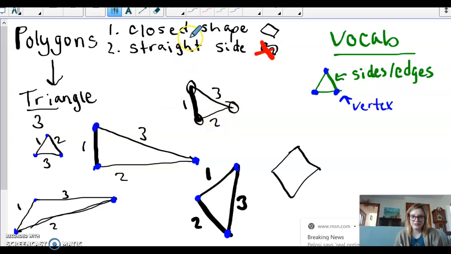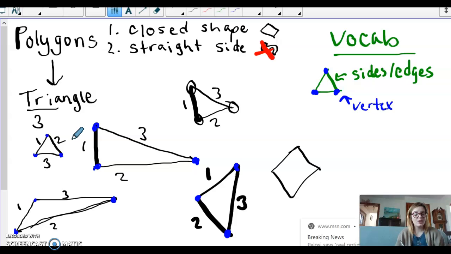So that's why it has to follow these 2 rules. It has to be a closed shape and it has to have straight sides. And our next rule for a triangle, we're just adding on to those 2 rules, has to have 3 sides, 3 vertices. As long as it meets those 3 sides, 3 vertices rules, then we're pretty good.